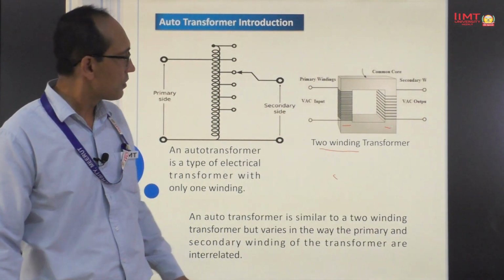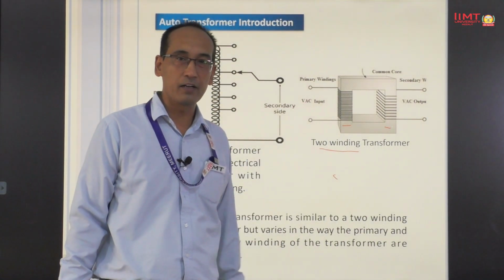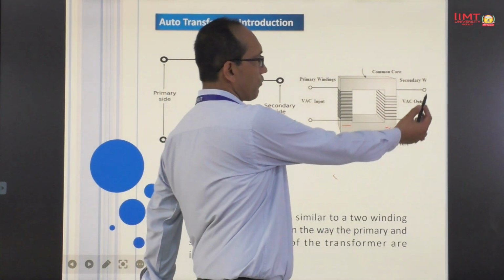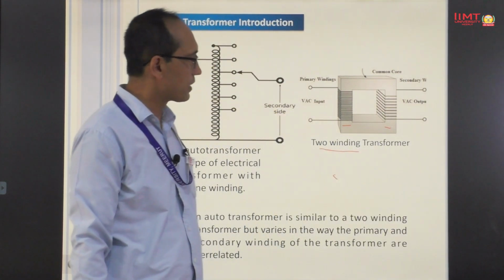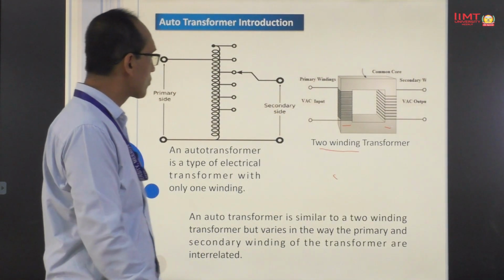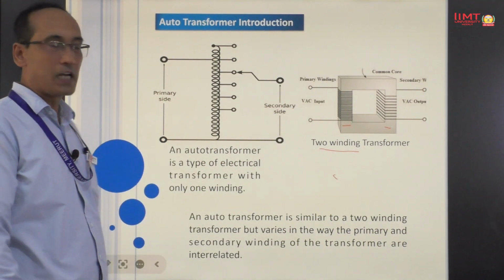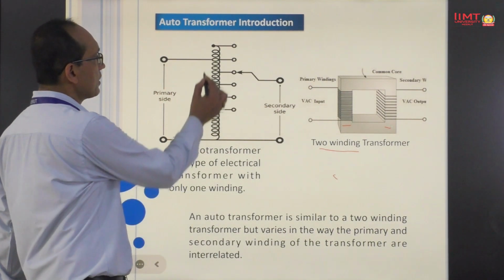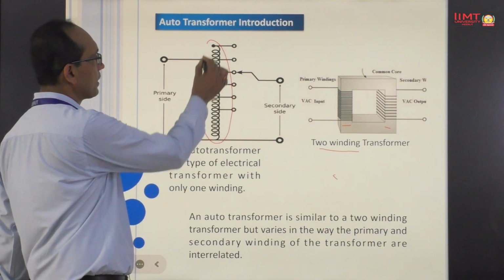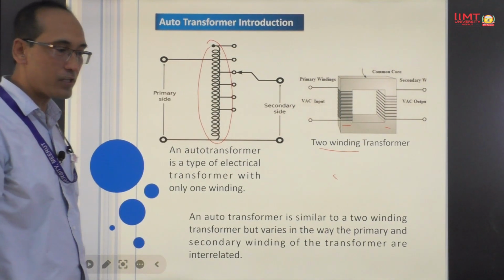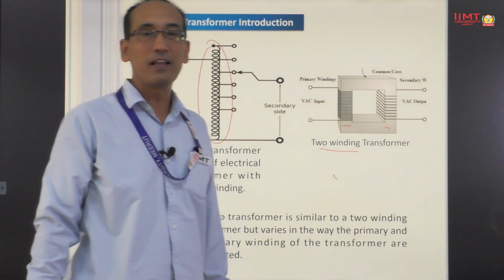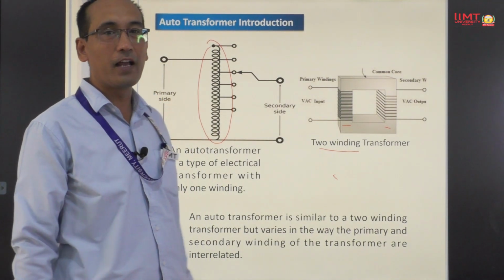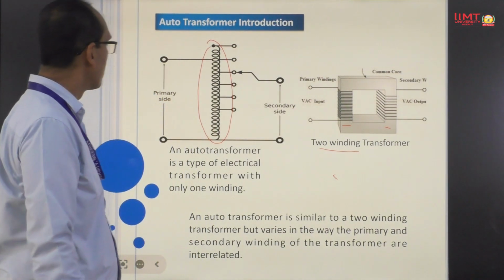One winding in which we are applying the voltage, and where we apply the load, this is known as the secondary winding. But in case of single phase auto transformer, we have only a single winding. We have only the single winding in which both windings exist, primary winding and secondary winding.